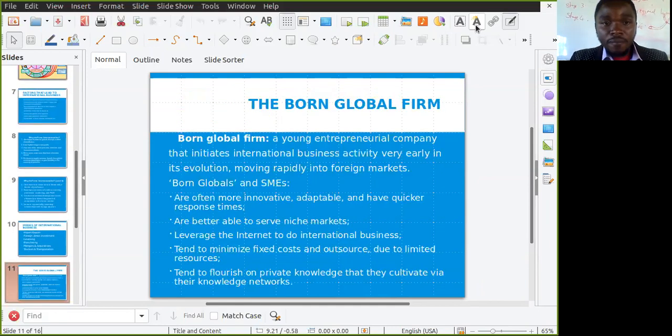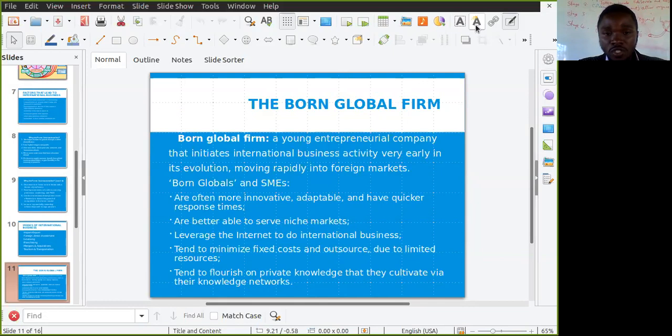A born global firm. A born global firm is a young entrepreneurial company that initiates international business activities very early in its evolution, moving rapidly into foreign markets. Born globals and SMEs: what are their characteristics? They are often more innovative, adaptive, and have quicker response times. They are better able to serve markets.